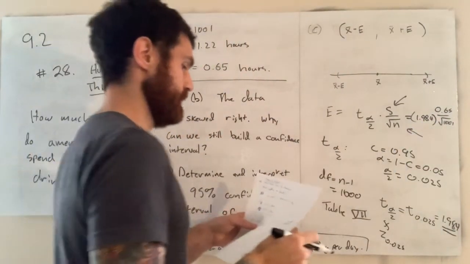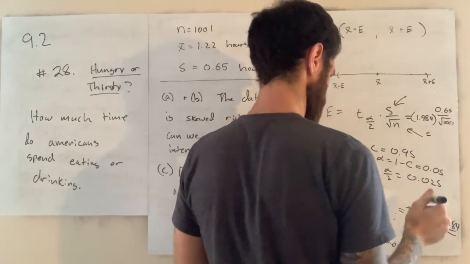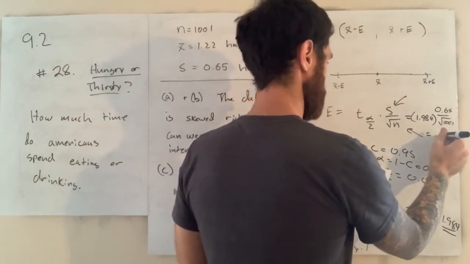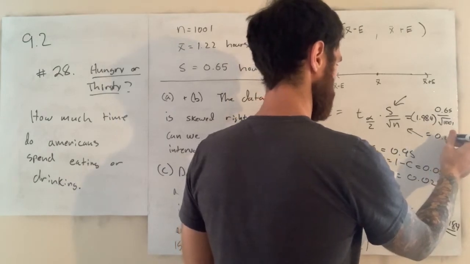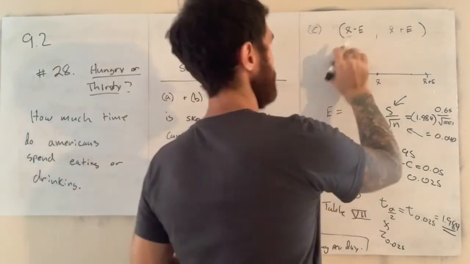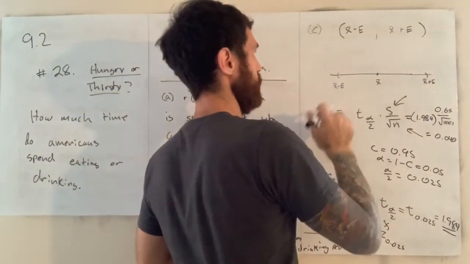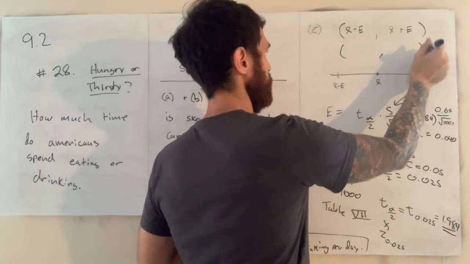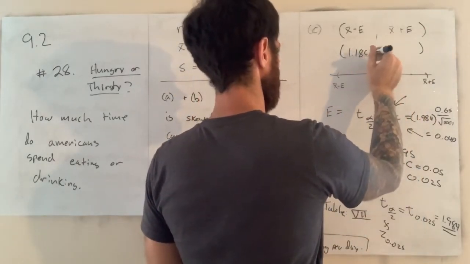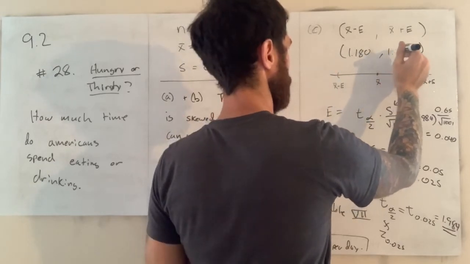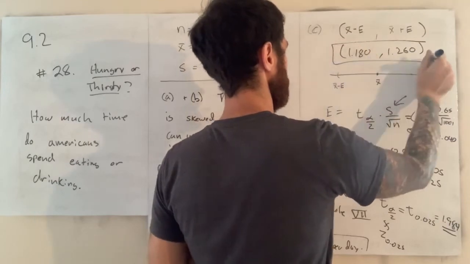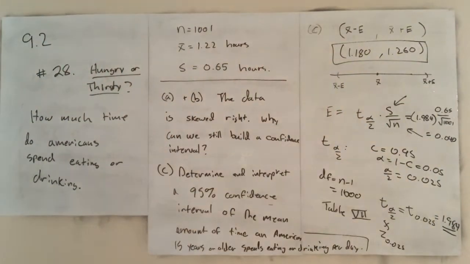What you'll get is that this is going to be approximately 0.040. And then if we figure out this interval here, what you're going to get is 1.180 and 1.260. So that's the interval.